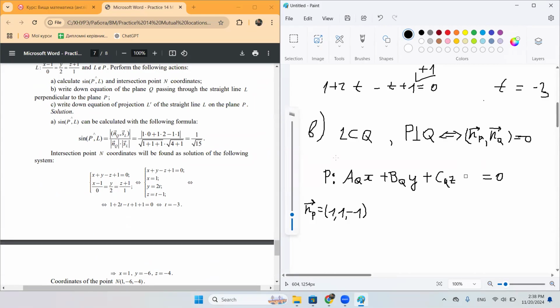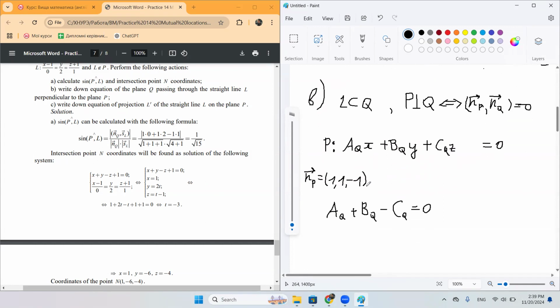So AQ plus BQ minus CQ equals 0. That's what we know.